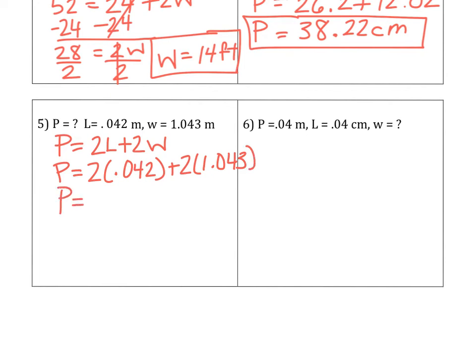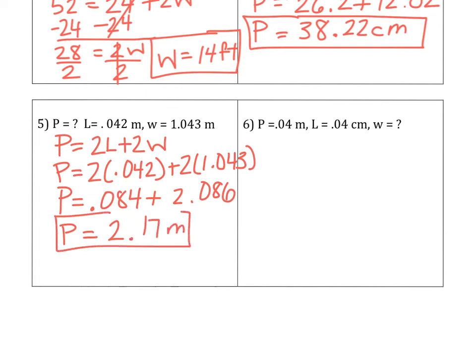And we can go ahead and simplify that. 2 times 0.042 is 0.084, and 2 times 1.043 is 2.086. And when we add those together, we get that our perimeter is 2.17, in this case, meters.